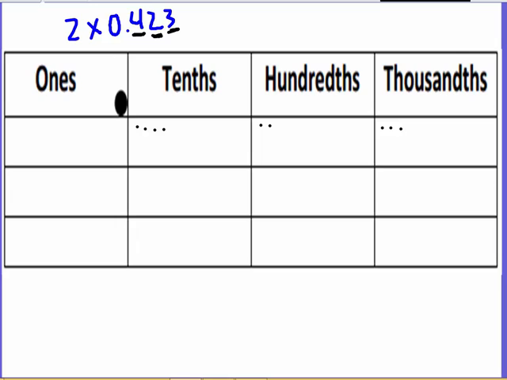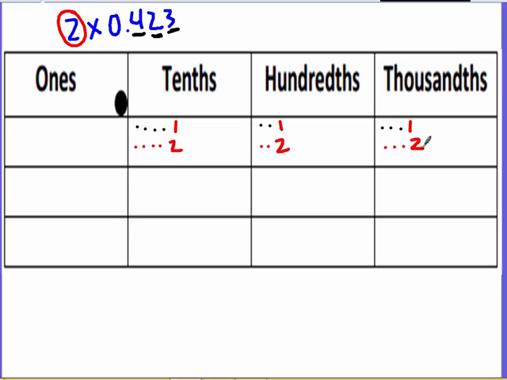How many groups do I need? Well, there needs to be 2 groups, and right now I only have 1 group in each section. So I need to add some more. So this will be a second group in each place value.